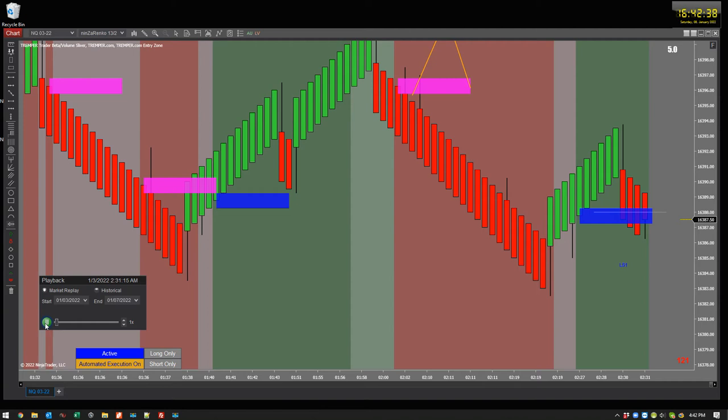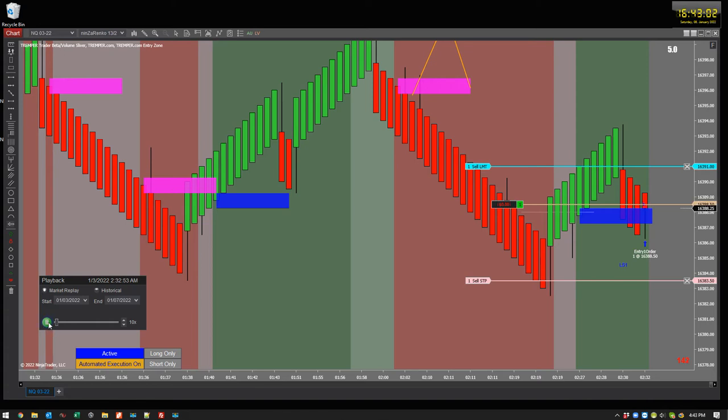And if it doesn't do it quickly, I'm going to be out altogether. If it doesn't do it quickly, this zone is going to be over, and it's going to be invalidated. So it's 2 o'clock in the morning. So there you go, I breached it. Okay, so now it's set our target and our stops based on what we set.